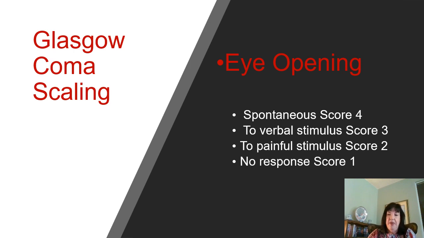Sometimes we might pinch a little bit on the forearm. Sometimes we might do, which is not recommended to do a lot anymore, but it is still being done, what we might call a sternal rub, so that we ball up our fists like this. Can you see? Yeah, okay.